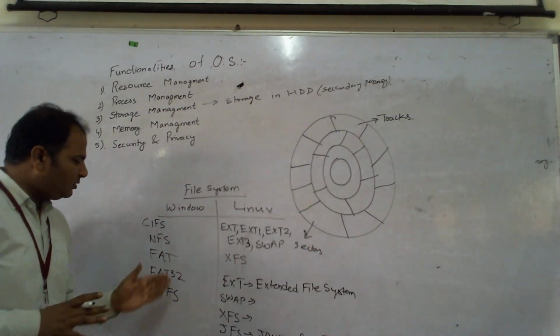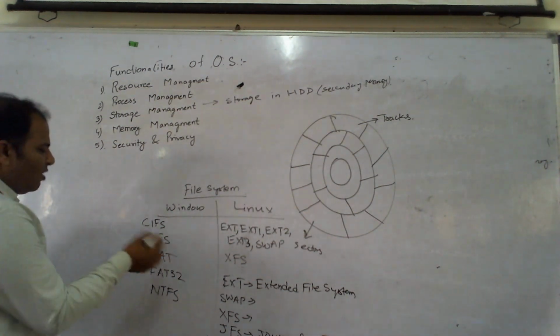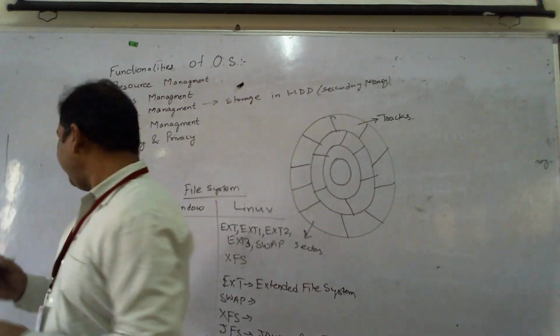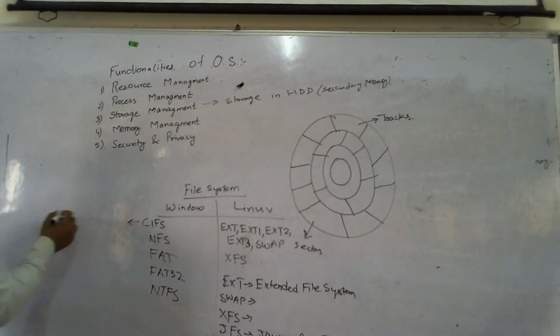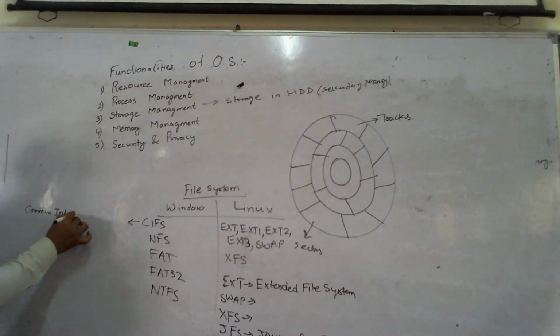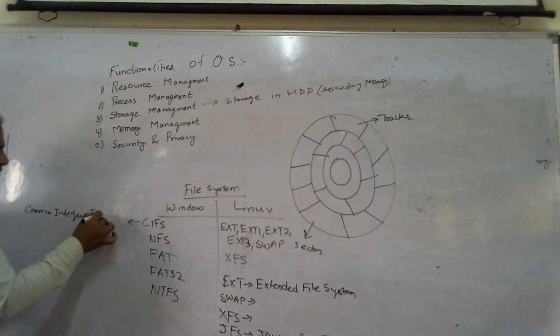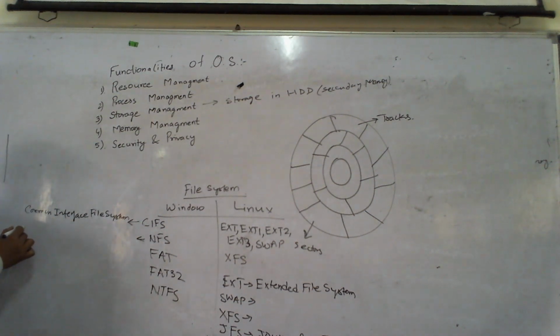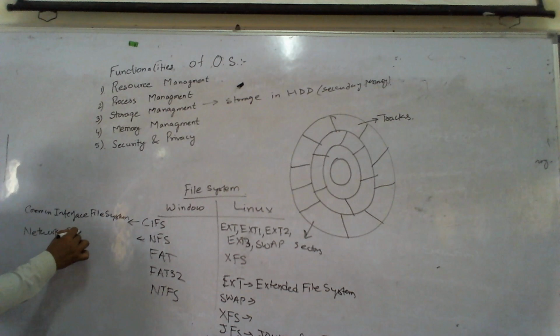The full form of CIFS is Common Interface File System. NFS is Network File System.